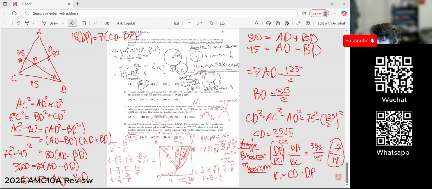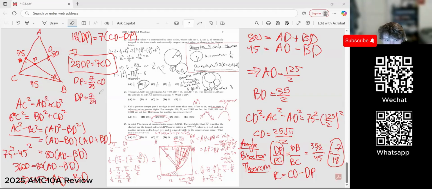Oh, we can just rearrange this again. So we get 25 DP is equal to 7 CD. So DP is equal to 7 over 25 times CD, but we already found CD. DP is equal to 7 over 25 times 25 root 11 over 2.